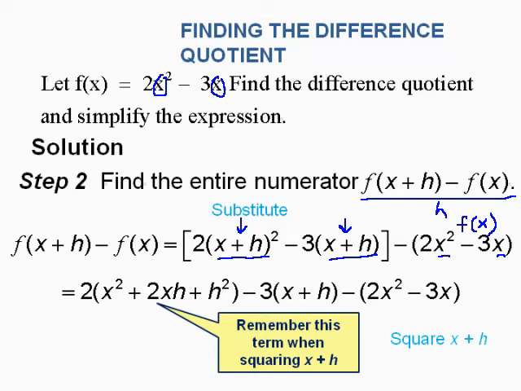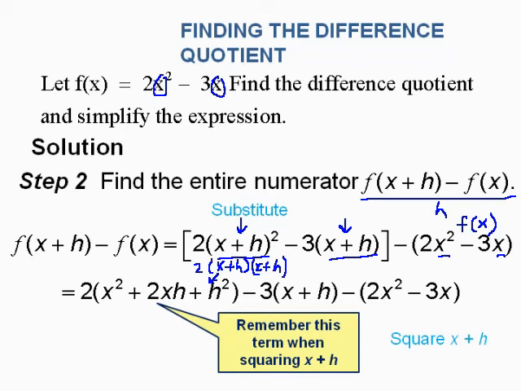Now notice when we do that, you got to be a little bit careful here, because 2 times x plus h squared, there's some algebra missed in here sometimes, means you have to FOIL x plus h. So you're going to get x squared plus 2xh plus h squared. So I like to do the FOILing first here, and then multiply the 2 through.